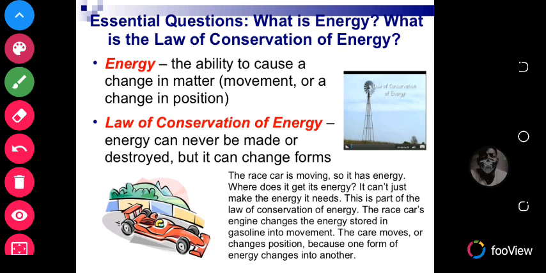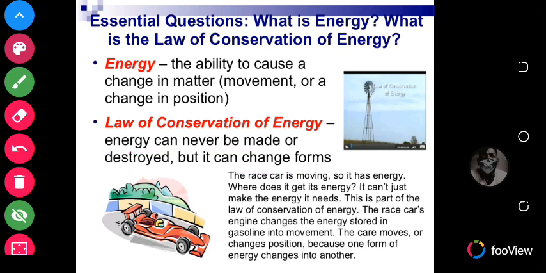Science has to do with laws, and there's a law called the law of conservation of energy, which states that energy can never be made or destroyed. If there's one thing I want you to know, it is that energy can never be made or destroyed. The only thing energy does is change from one form to another.